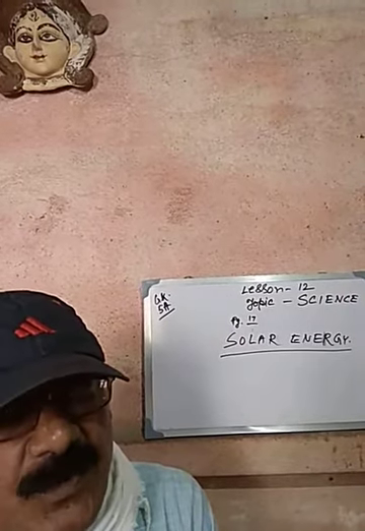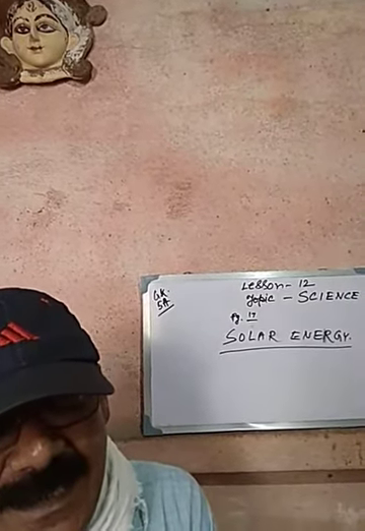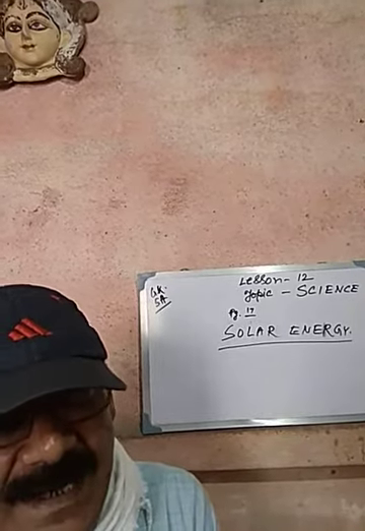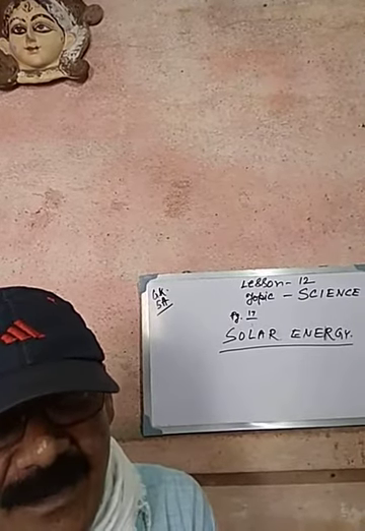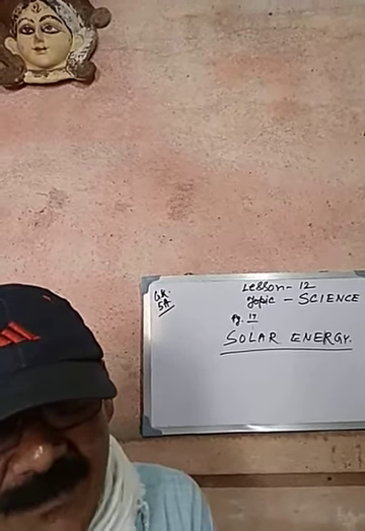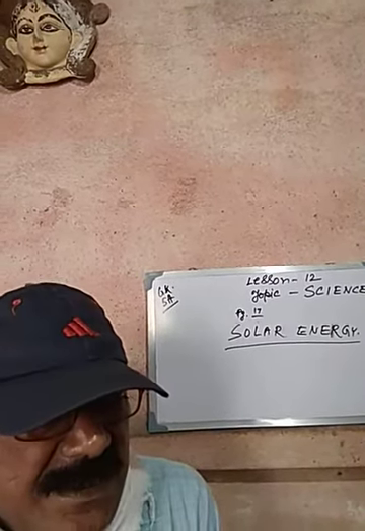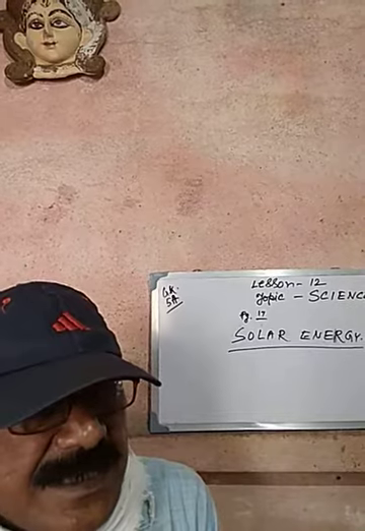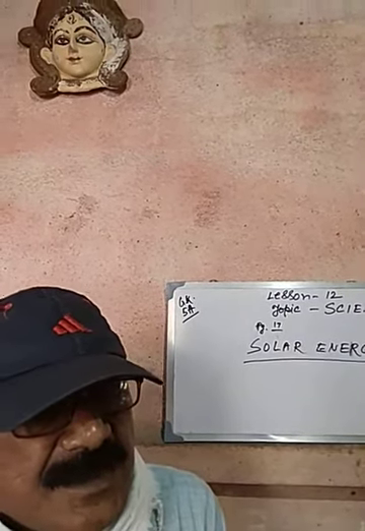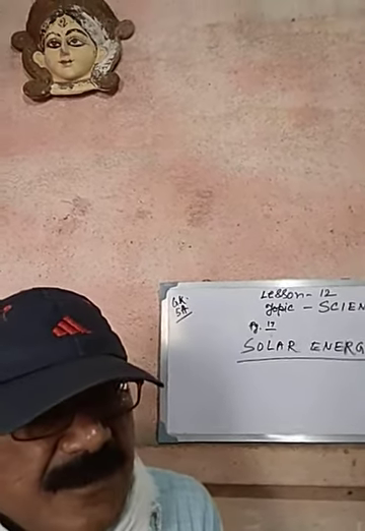Solar energy can be used to produce electricity. The electricity can be used to run gadgets or for lighting. That's why nowadays there are so many steps taken by different offices, different places of India.